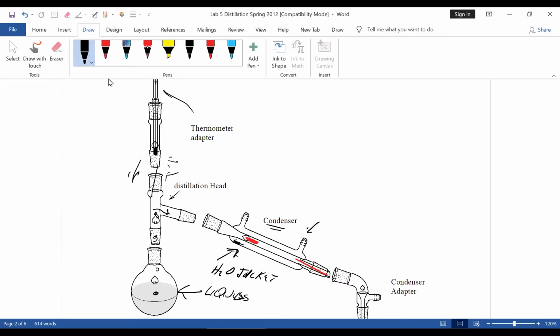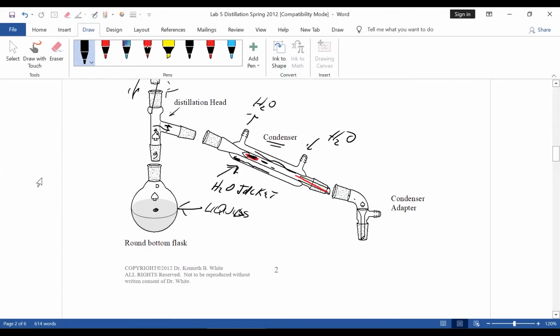And water goes in here, comes out here, and it fills this whole tube right here with water. And that water cools the vapor here, and it makes it from a gas, vapor is a gas right here, to a liquid. And what happens is the liquid comes down here and drips down into a container, either a round bottom or another one. Now, this is a vacuum adapter.